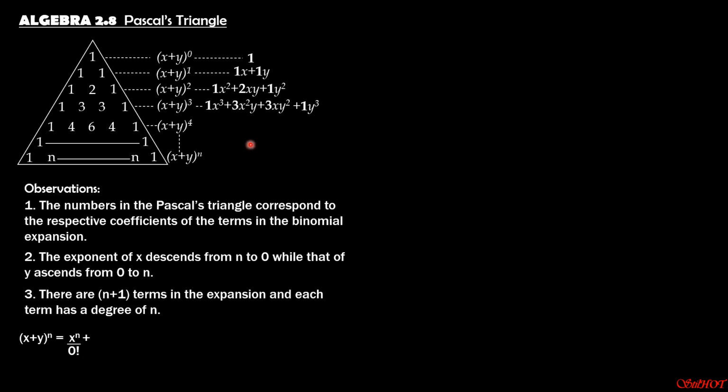And if you want to prove that it is 1, try to do this. n factorial is equal to n times (n minus 1) factorial. So if n is 1, we have 1 factorial equals 1 times (1 minus 1) factorial.